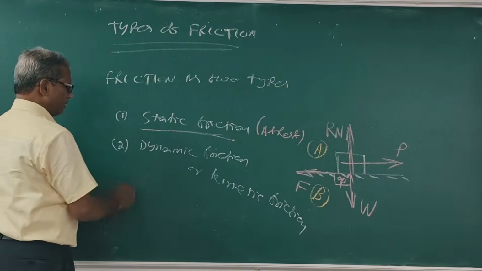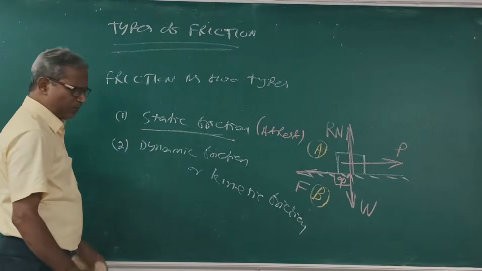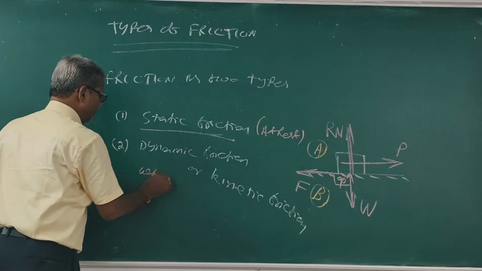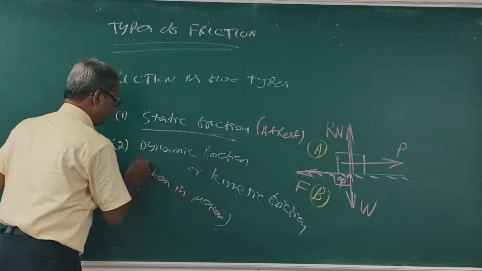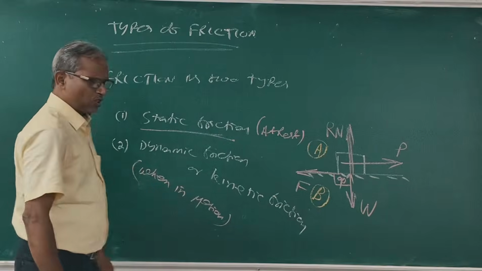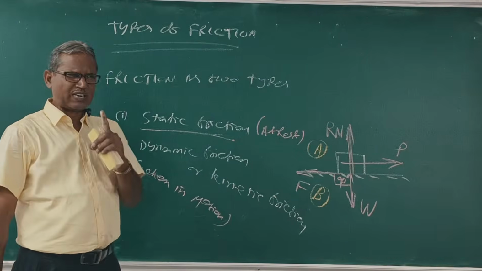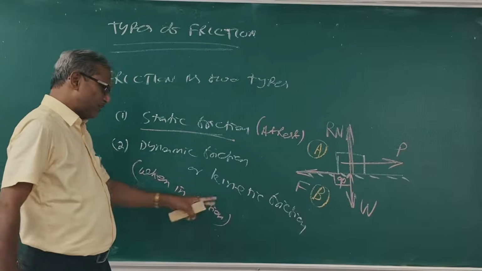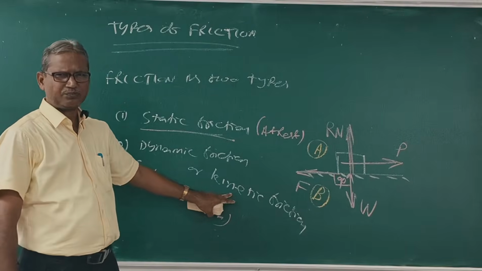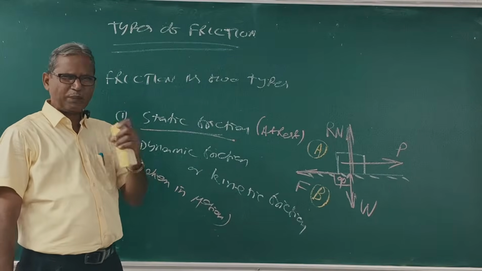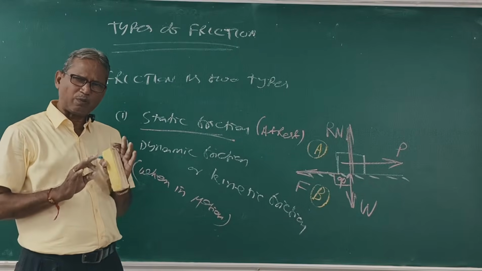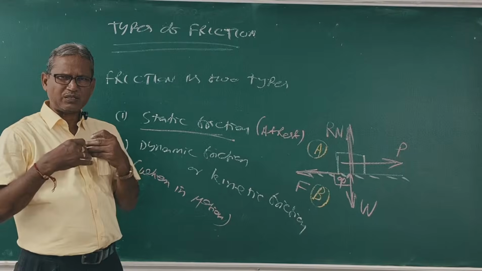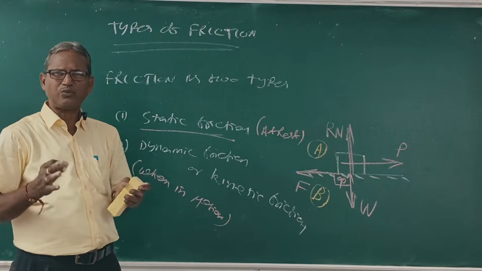Dynamic friction, also called kinetic friction, is the friction experienced by a body in motion. Clear? So where is friction more? When the body is at rest, the friction is more. When the friction is less, the body can move.